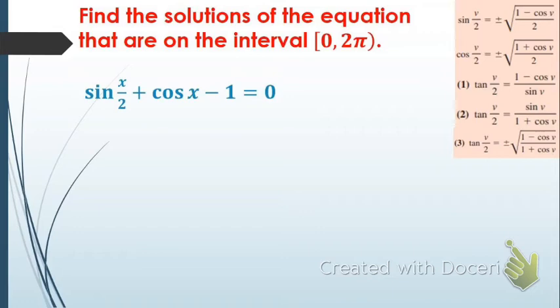I want to find the solutions for this that are on the interval from 0 to 2 pi. Includes 0, exclusive of 2 pi. This has a half angle in it. So I'm going to do a substitution to get rid of that half angle. What substitution can I make so that I can get rid of sine of x over 2?